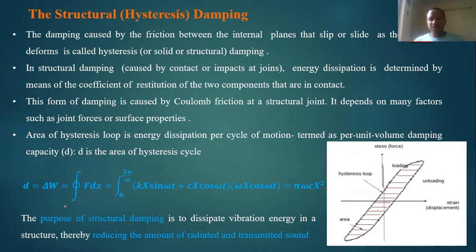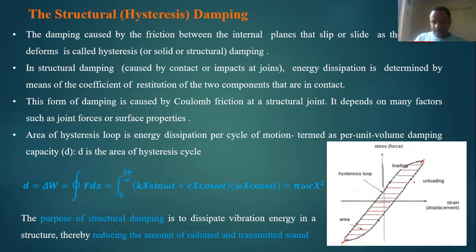The area enclosed, for example, this is the loading and unloading cycle in the case of structural hysteretic damping. Okay, this is the loading cycle, and then it comes down, from here to here. It is the unloading cycle, the bottom line indicates the unloading cycle, and this is the loading cycle.